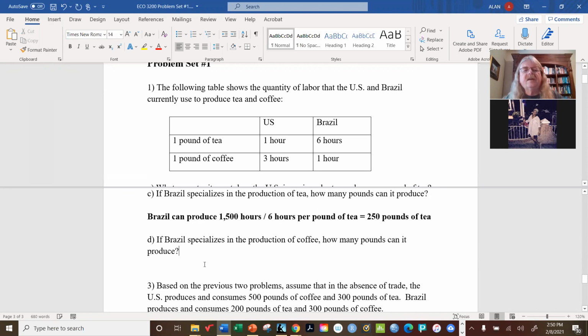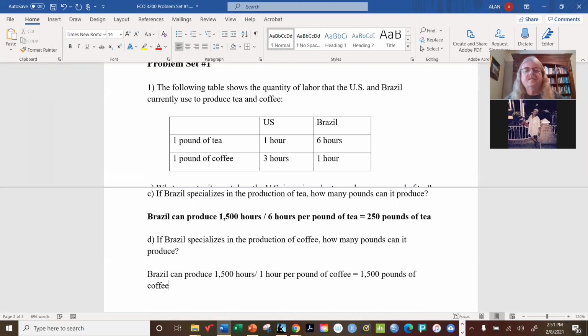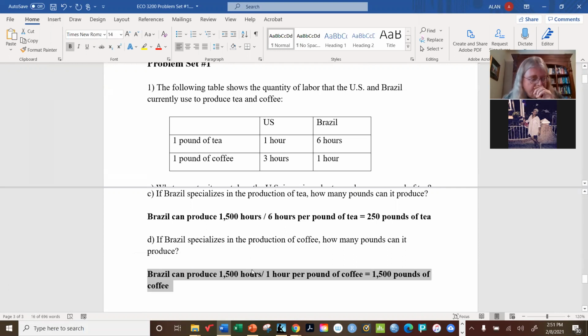Now, on the other hand, if they just make coffee, Brazil can produce 1,500 hours over 1 hour per pound of coffee, that is 1,500 pounds of coffee. Okay, so that was pretty straightforward.